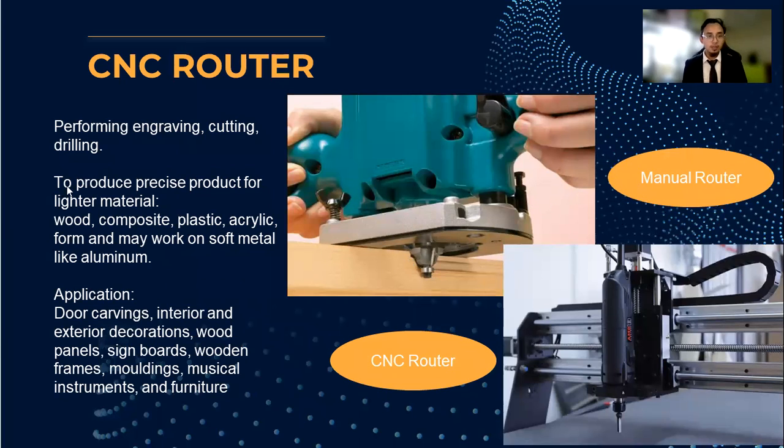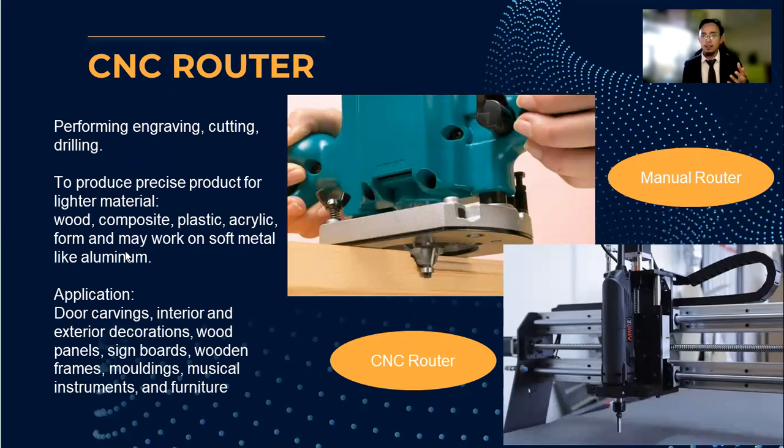The CNC router produces precise products from lighter materials, which are wood, composite, plastic, acrylic, foam, and it may work on soft metal like aluminum. These are the materials that the CNC router can cut, engrave, or drill. Only these materials can be done.